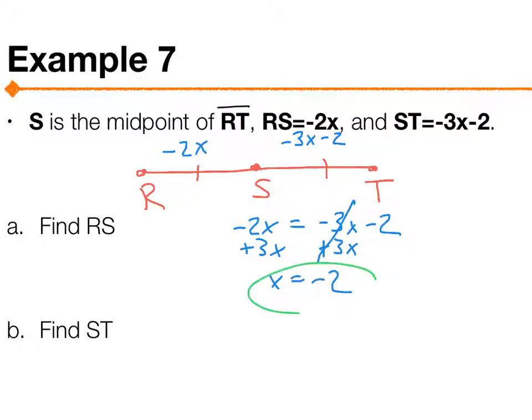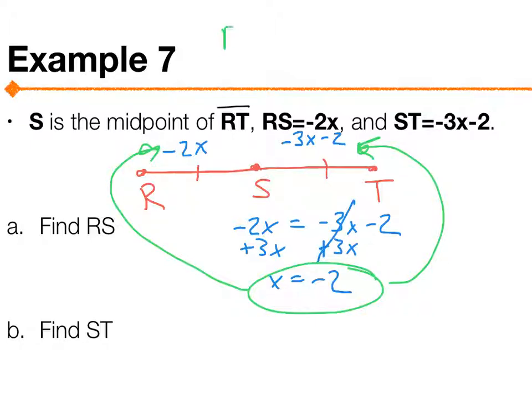So then we take this and plug it back in to each of these. Negative 2 times negative 2, so 4.